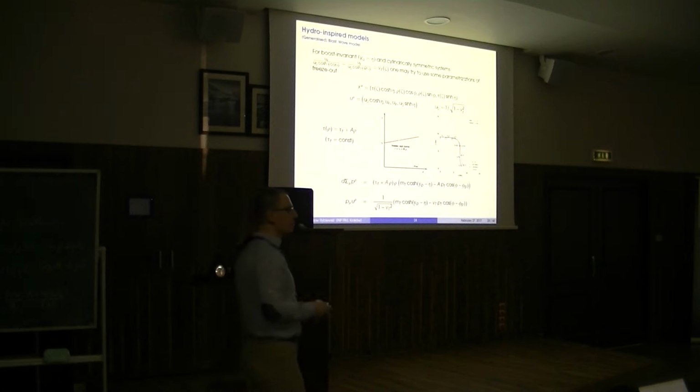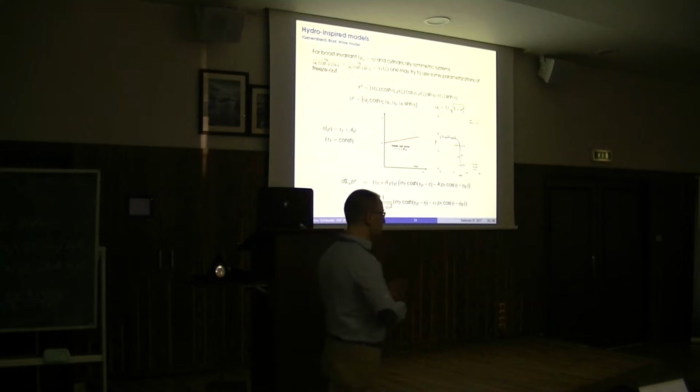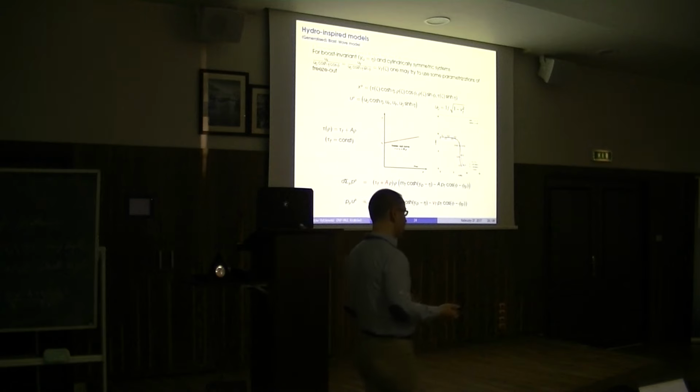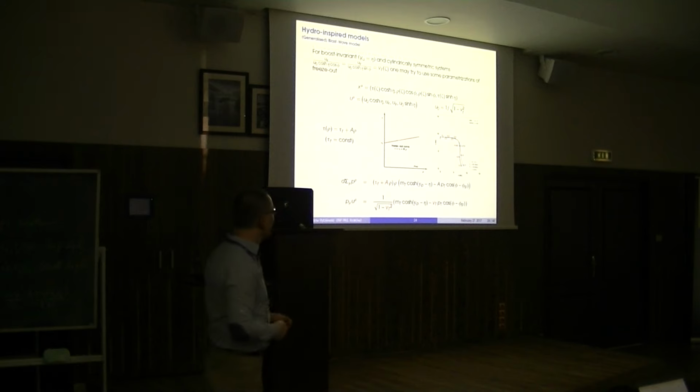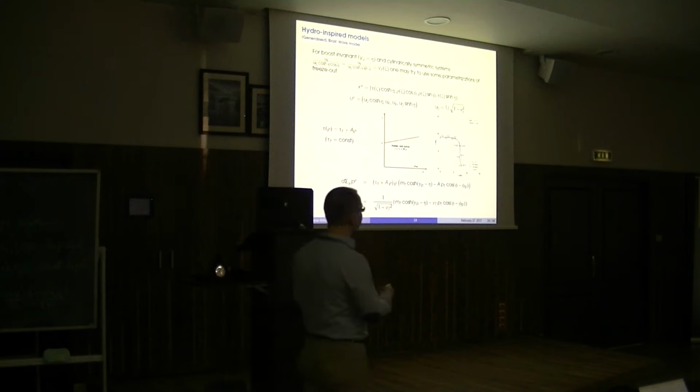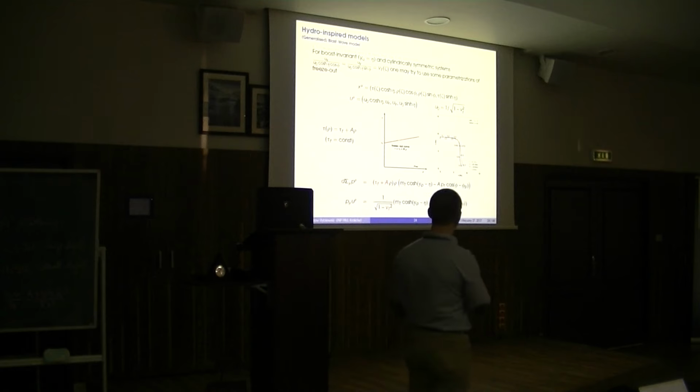So, for example, people performed some simulations and saw that the hydrodynamic models describe the system well, and you can infer from their evolution what the actual parametrization of the freeze-out can be.